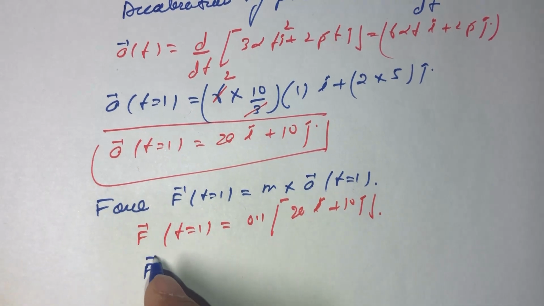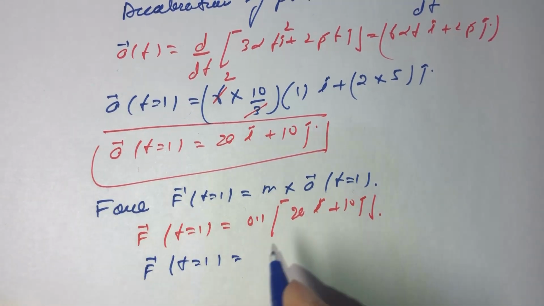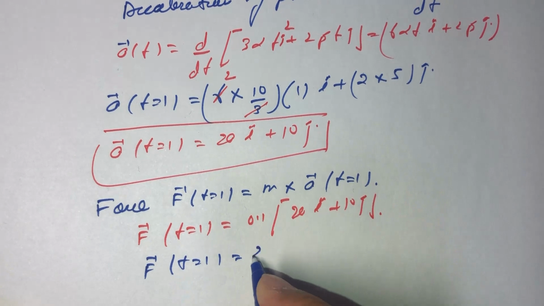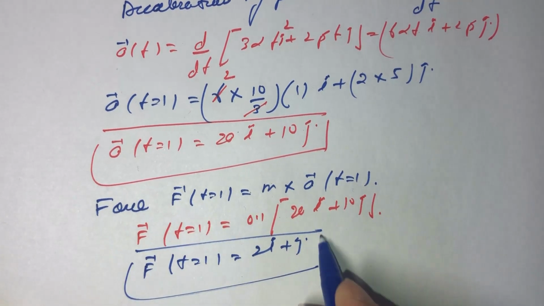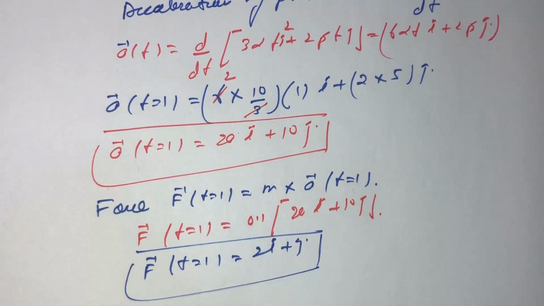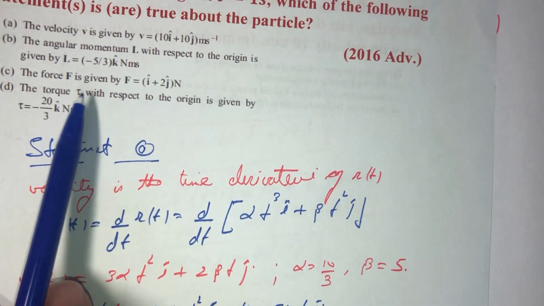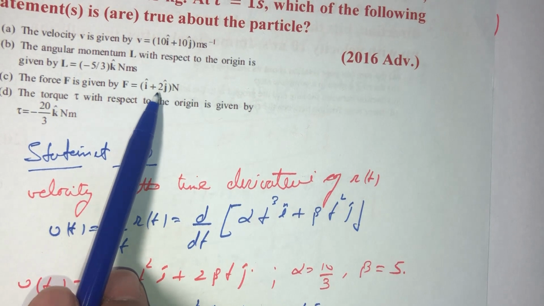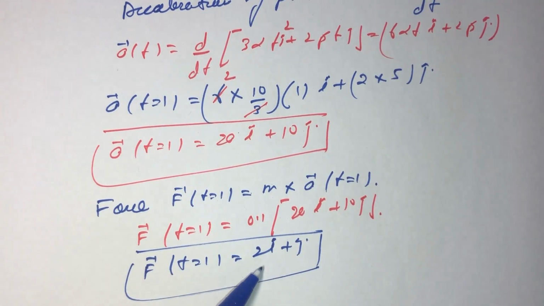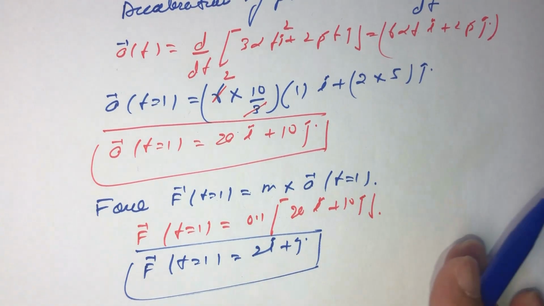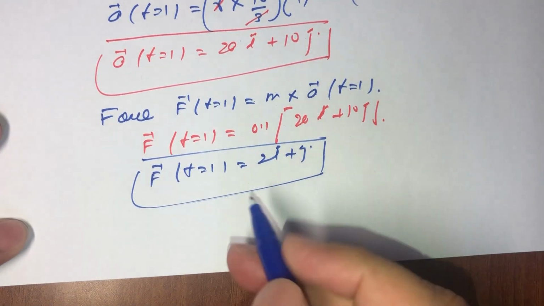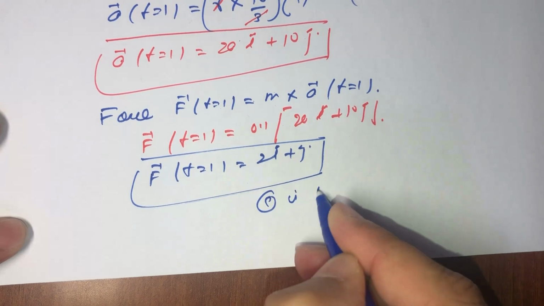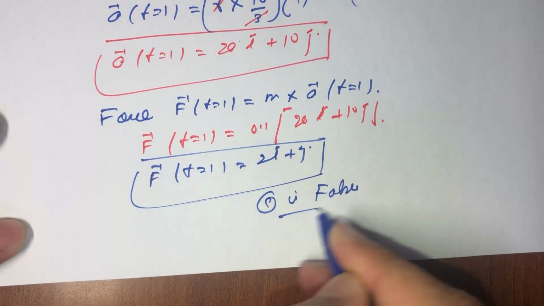So we get force at t equal to 1 second will be equal to 2I plus J. And in C it is given that force is I plus 2J, which is wrong. So statement C is false.